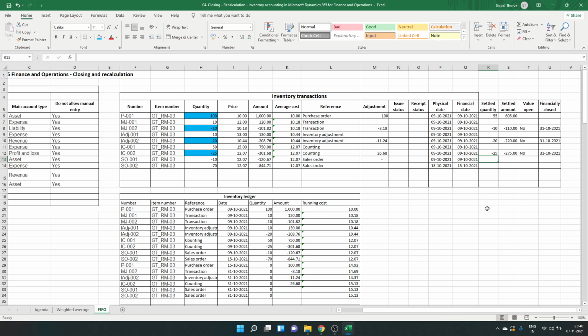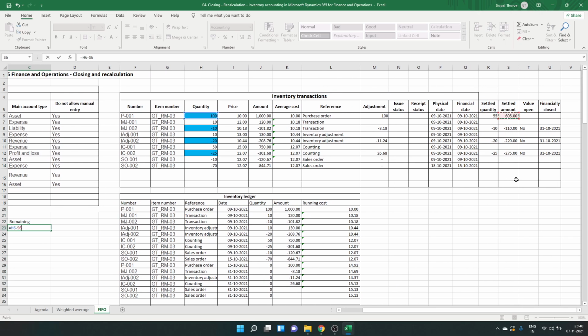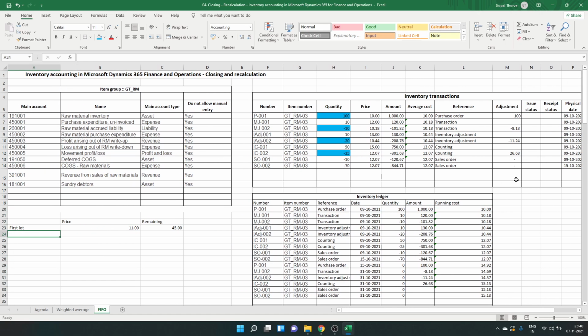Okay, so now out of this 100 quantity, we have settled this 10, 20, 25. Okay, so the remaining is 100 minus this settled quantity.